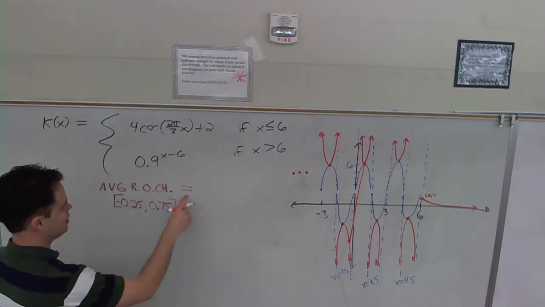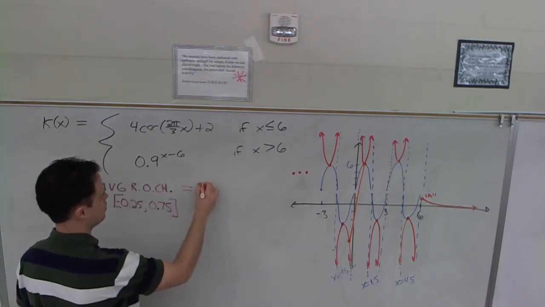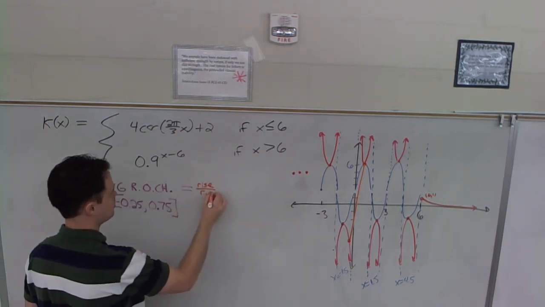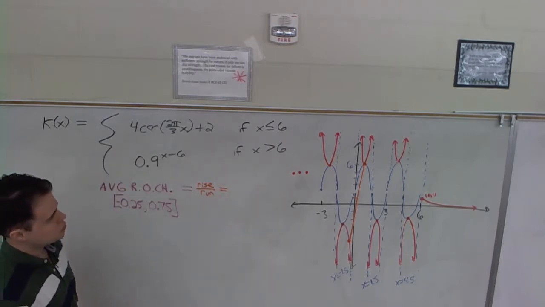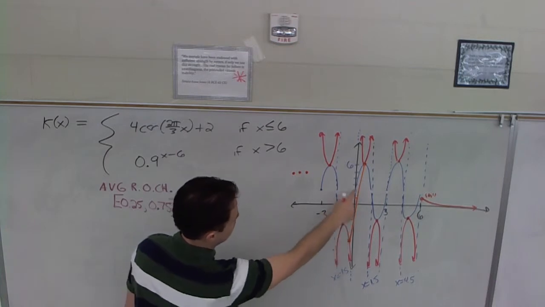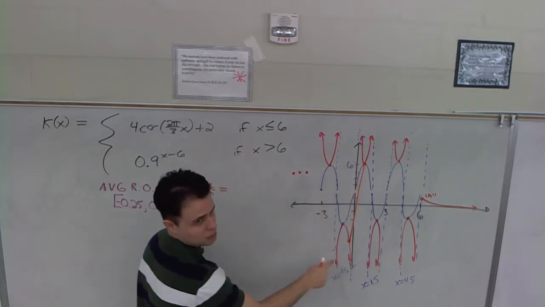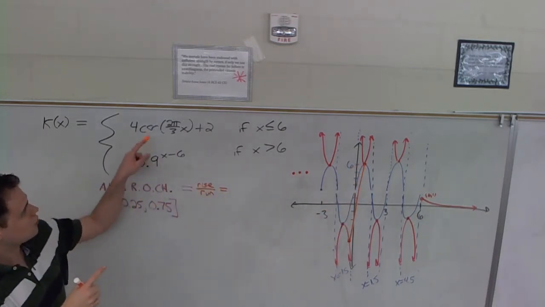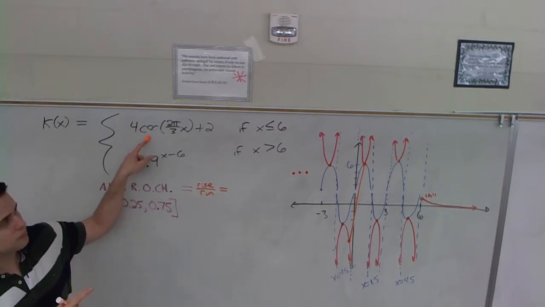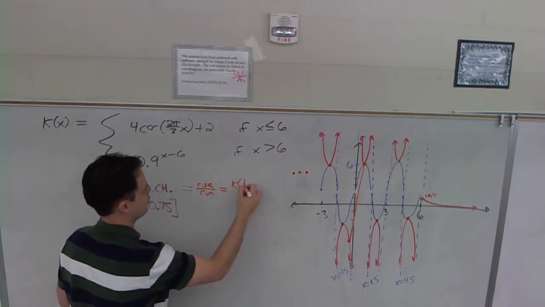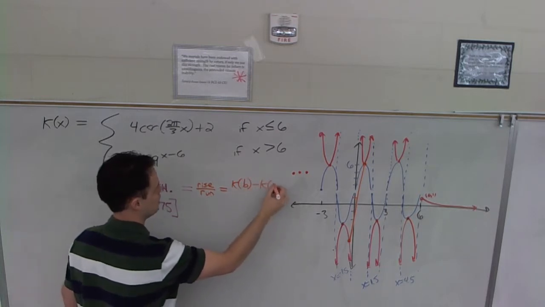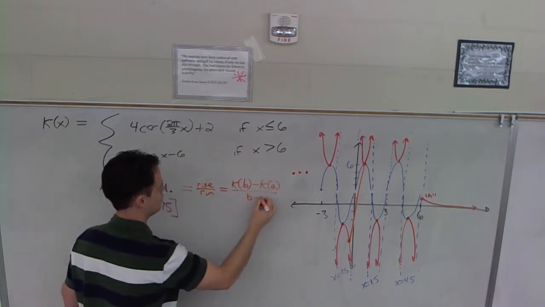So if I do average rate of change, that's like rise over run. It's just like slope. Which function am I using for both of these, by the way? I'm using the cosecant function, right? And I'm going to do it like this: k of b minus k of a over b minus a.